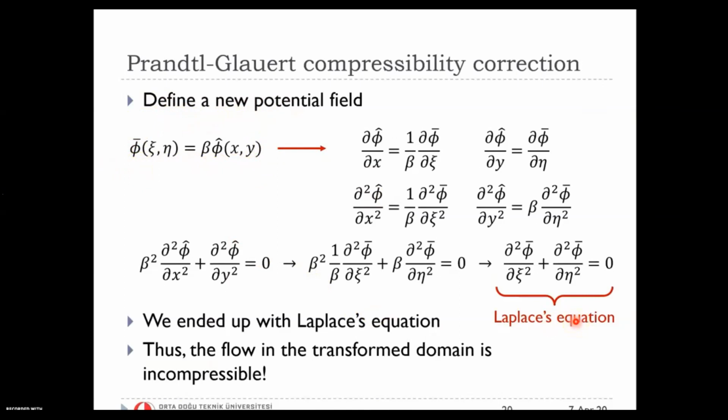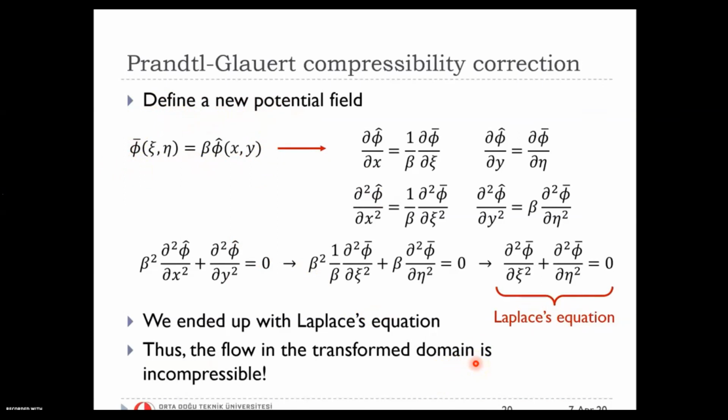Which states that the flow in the transformed domain, and this part is important, is incompressible. So in our physical domain it's compressible, but after we map it to another space, we end up with an incompressible flow.